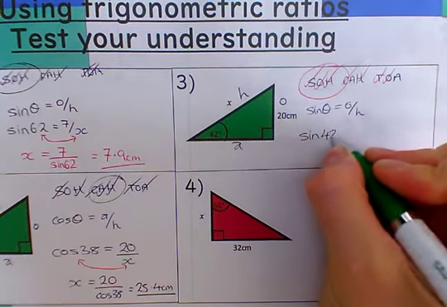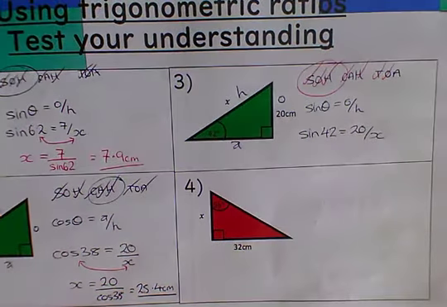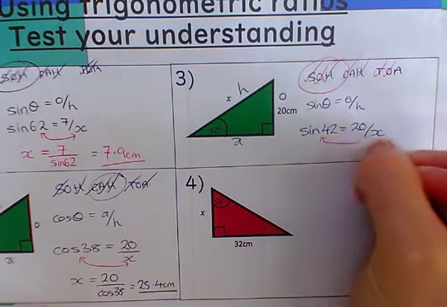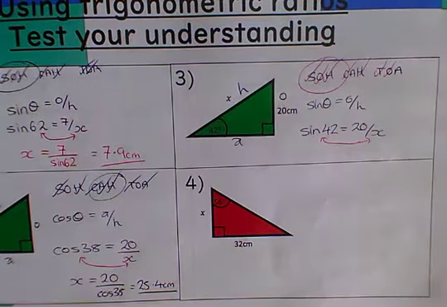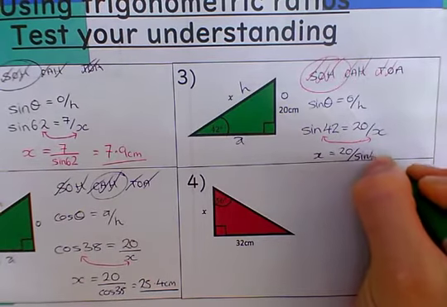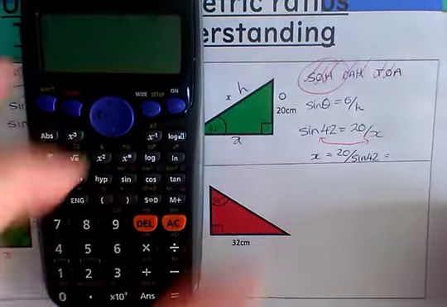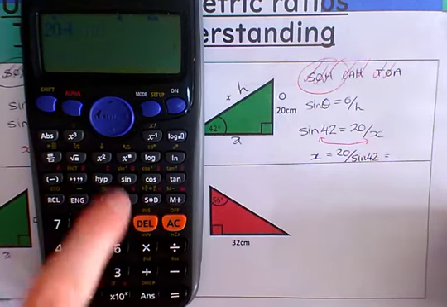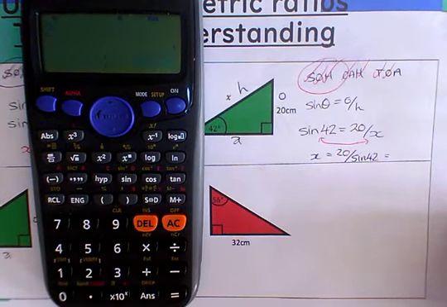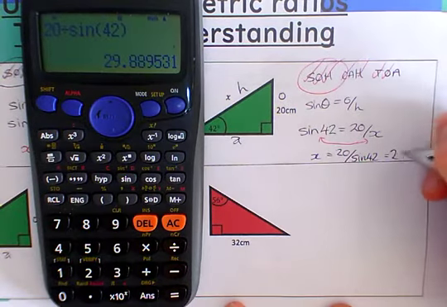Sine of 42 is equal to 20 divided by x. Flip those around, so we've got x is equal to 20 divided by sine of 42, and that would give you an answer of 29.9 centimetres.